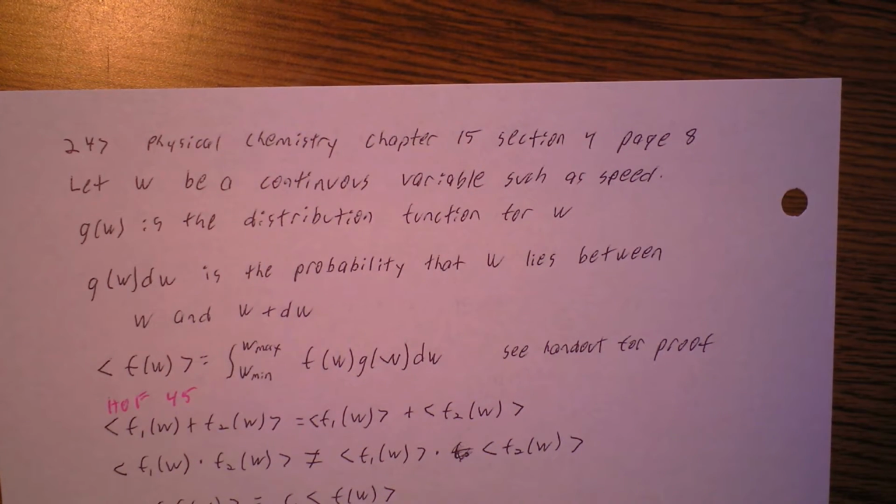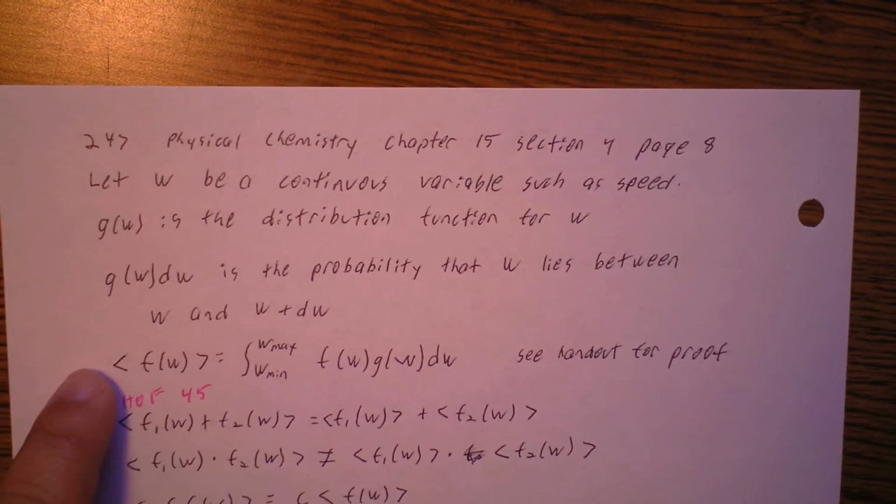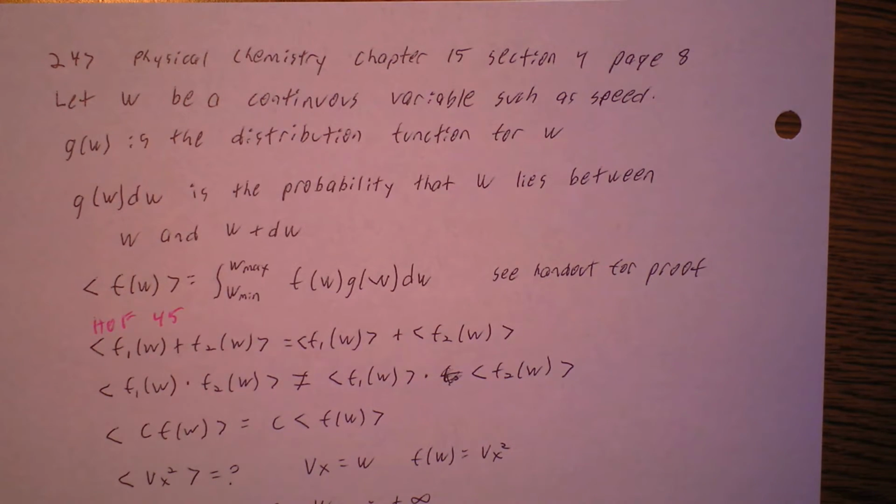Now let's say we have w as some continuous variable, such as speed. Then the function g of w is going to be the distribution function for w. What that means is that g of w times differential dw is the probability that w lies between w and w plus dw. We've talked about that before with the velocity sphere.